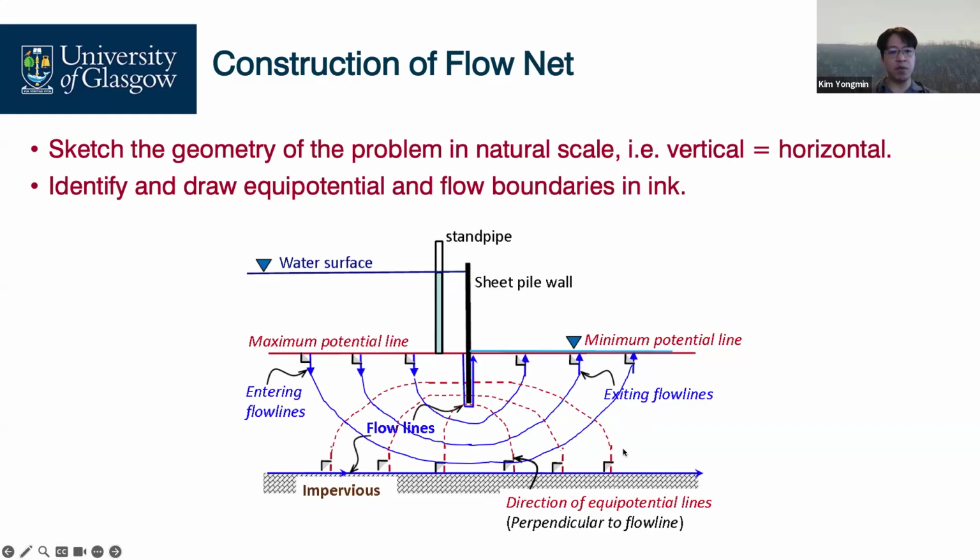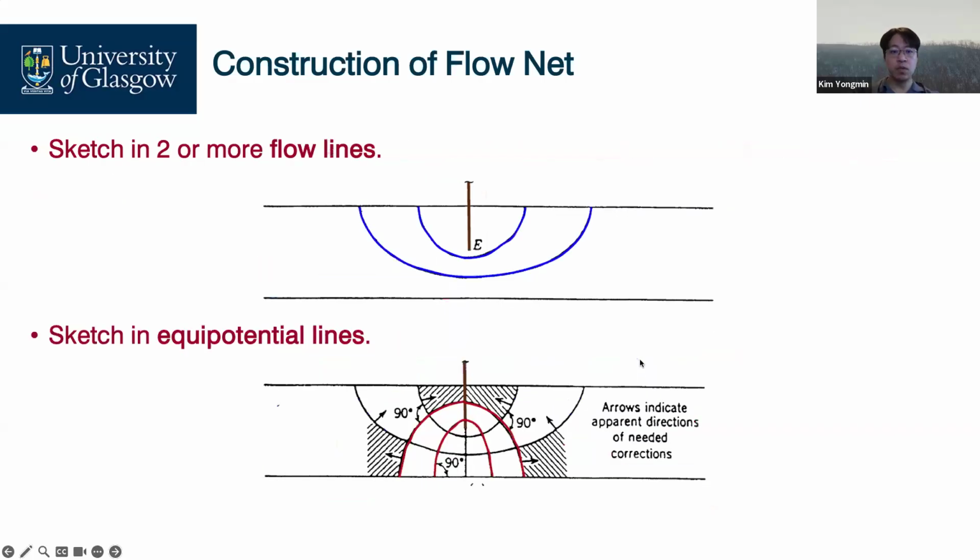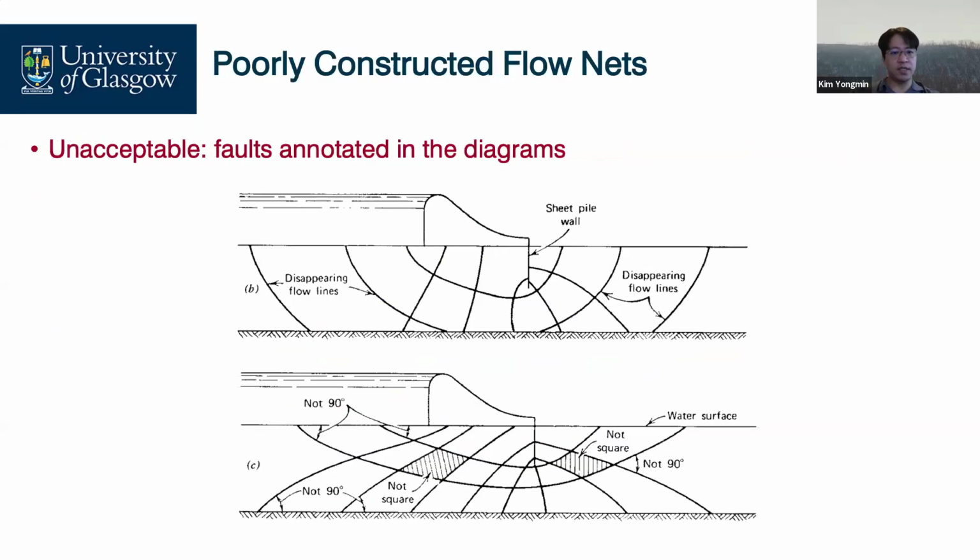Equipotential drops: 1 drop, 2, 3, 4, 5, 6, 7 drops. Then sketch in two more flow lines like this.